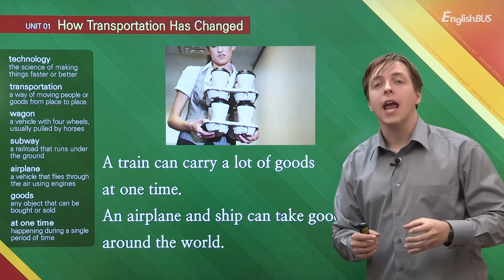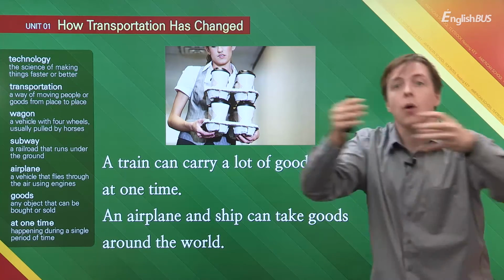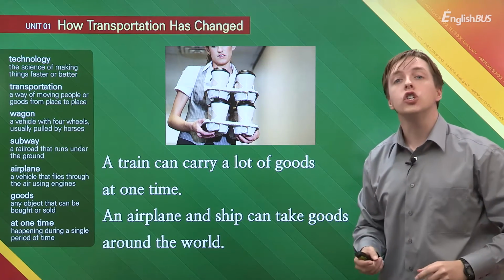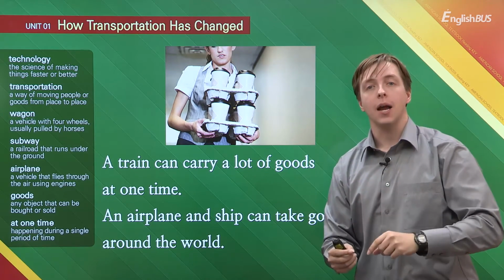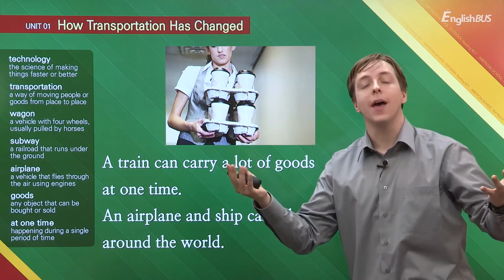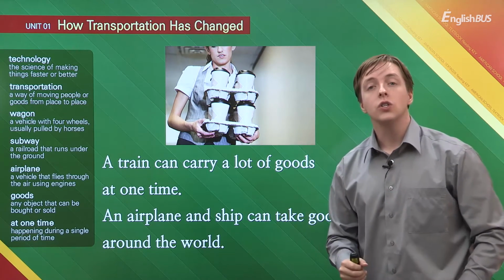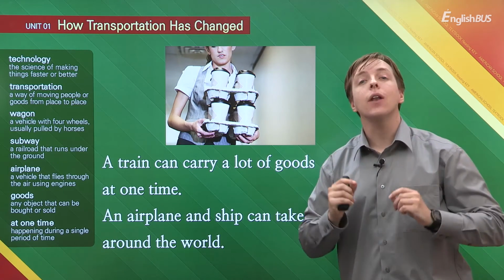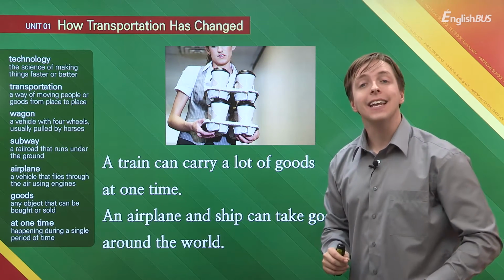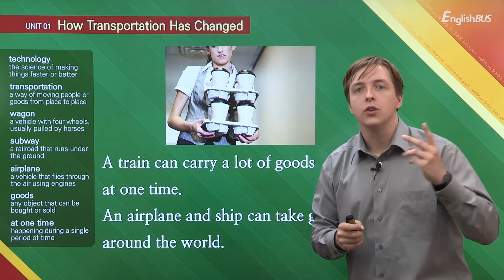She could carry 1 cup or 2 cups, go back, carry more cups, but no, she chooses to carry them all at one time. She's carrying all of them during the same period of time. So, a train can carry many goods at one time. That is its purpose. It doesn't carry 1 goods or 2 goods.